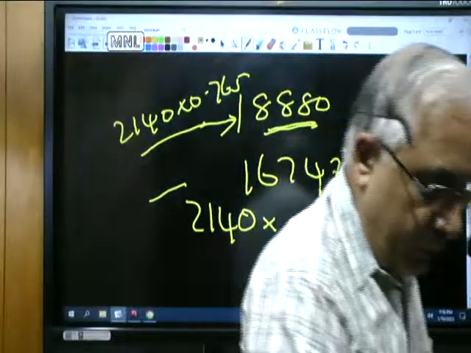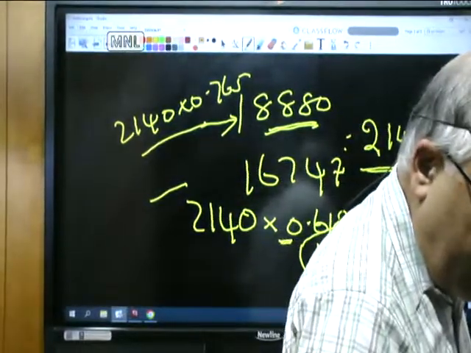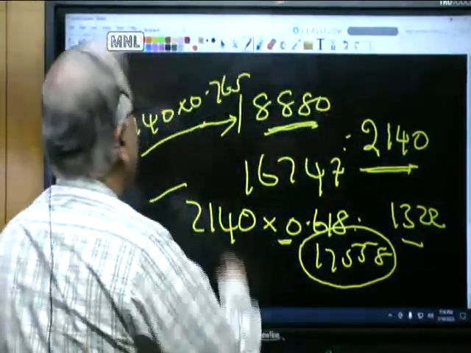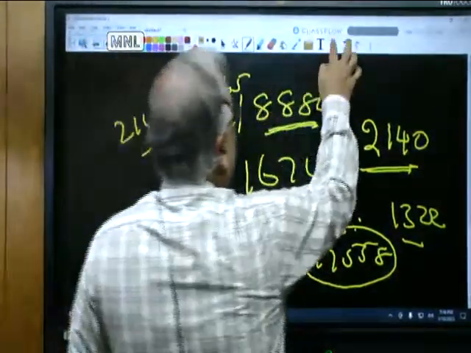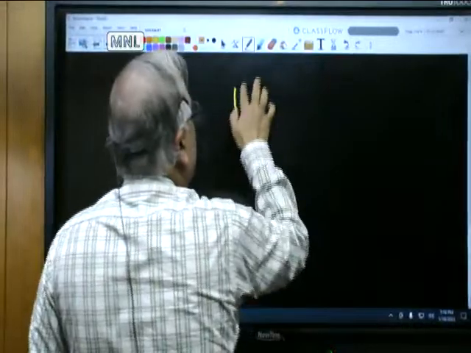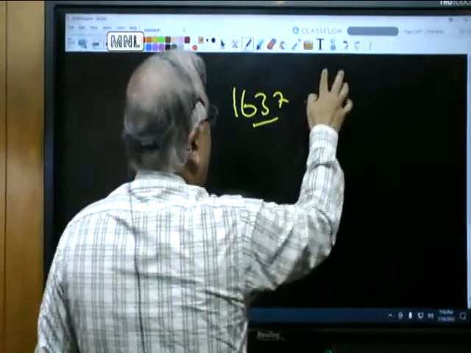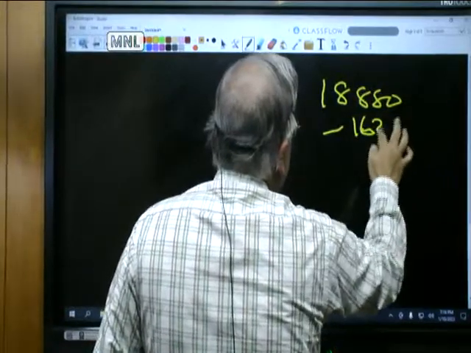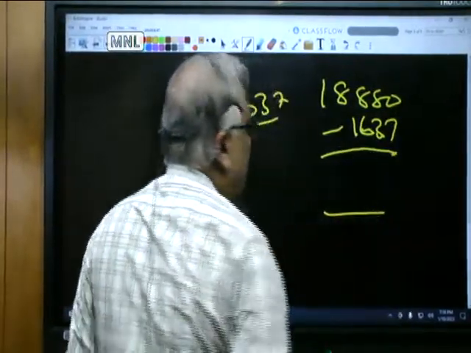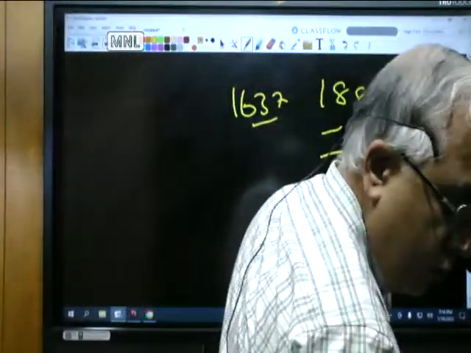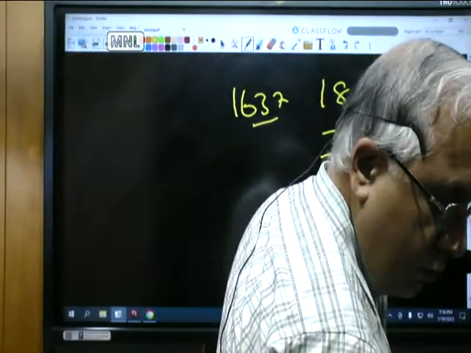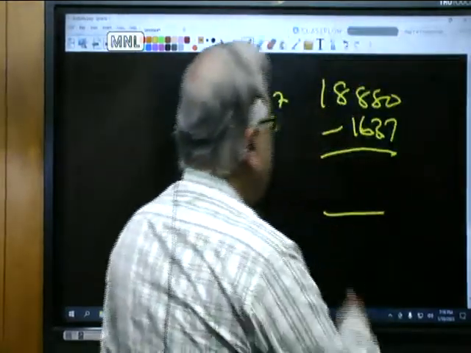That comes to 2,140 into 0.765. This is 1,637 points of retracement from 18,880, minus 1,637. Okay, so it is 17,243.